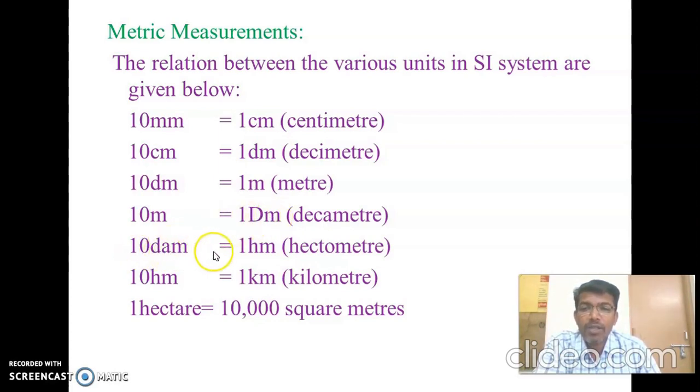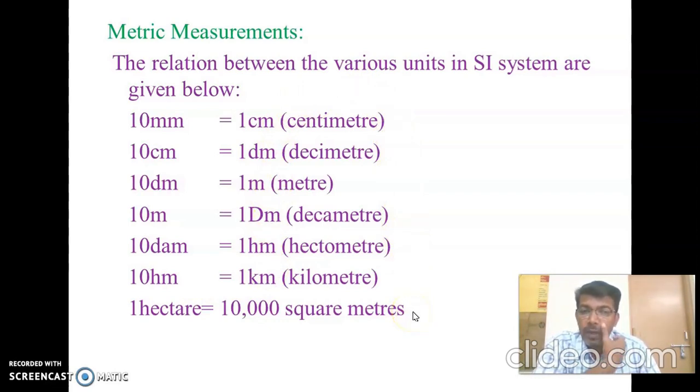So 10 decameters is called 1 hectometer. 10 hectometers is called 1 kilometer. How many meters are there in 1 kilometer? So 1 kilometer is represented by 1000 meters. So these are the SI units that you have to remember very carefully.